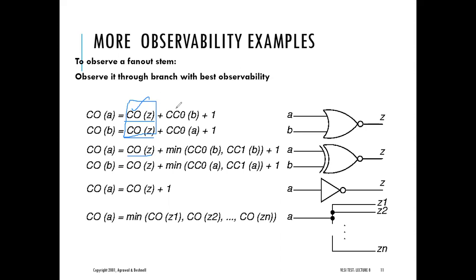Then you have to make the other input non-controlling. In case of a NOR gate, the value of z is (a plus b) complement.